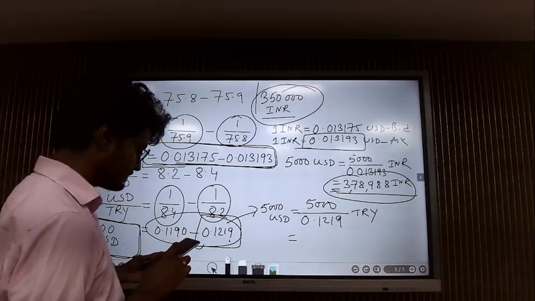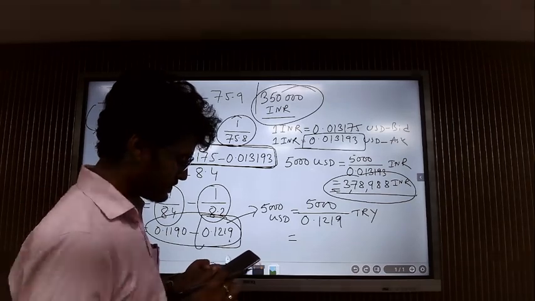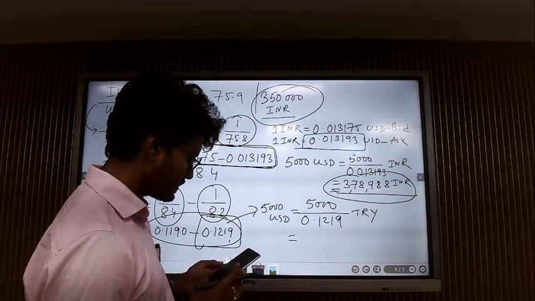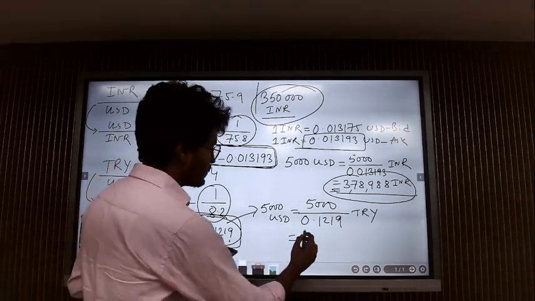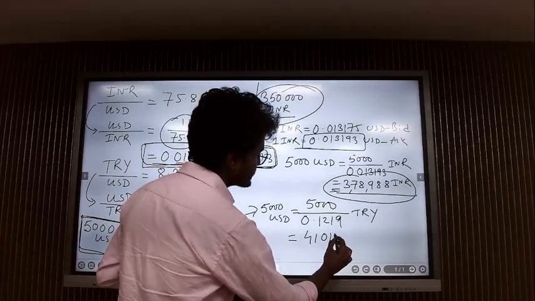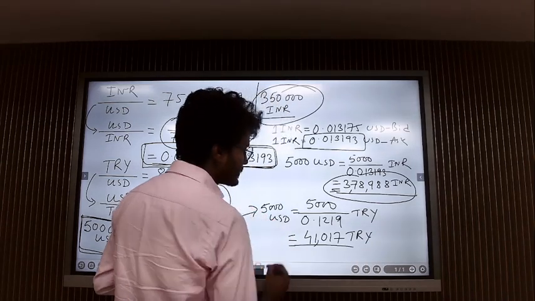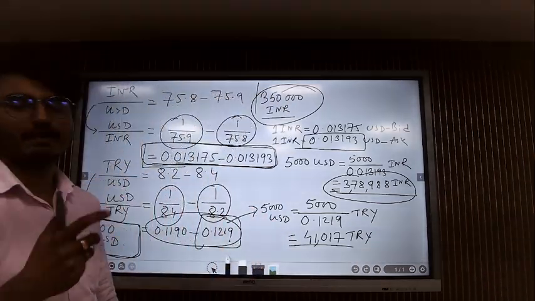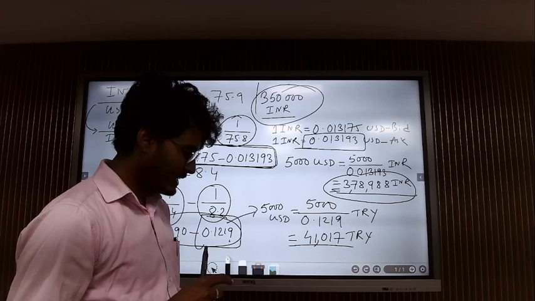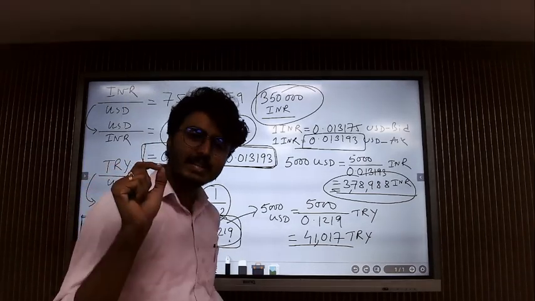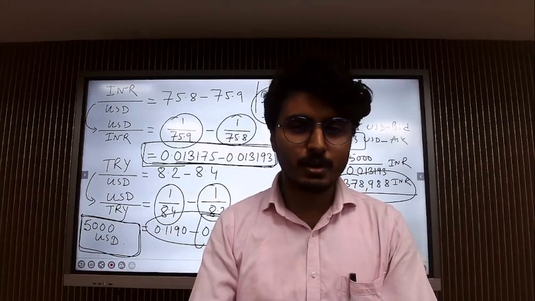Let's do it. 41,017 TRY. So if he sacrifices 5,000 USD, he will get 41,017 Turkish lira. But what will be the trip cost of Turkey?